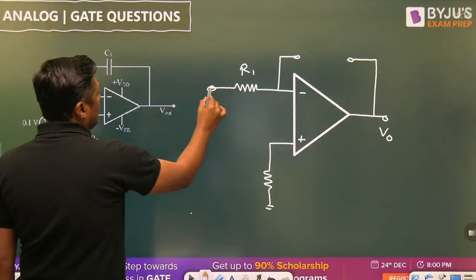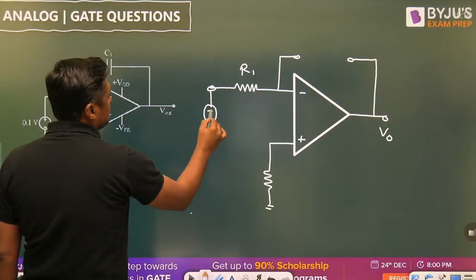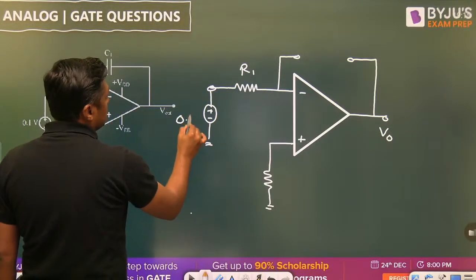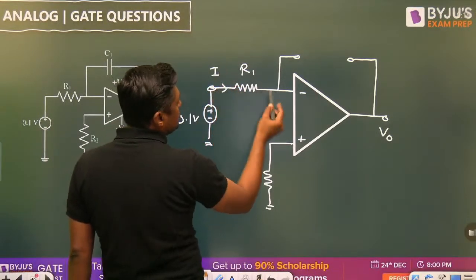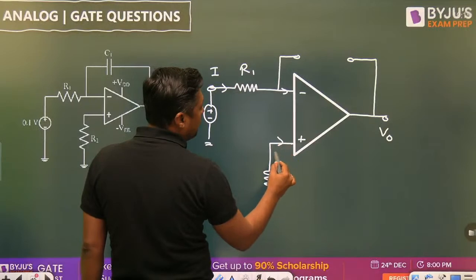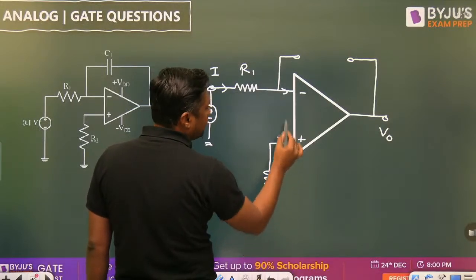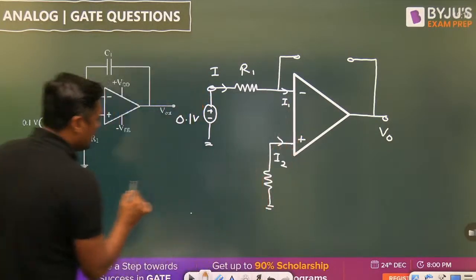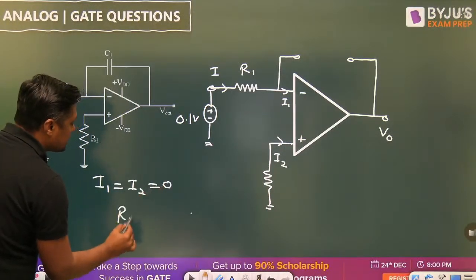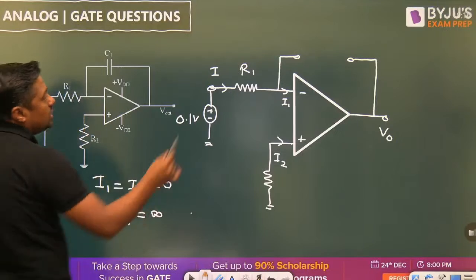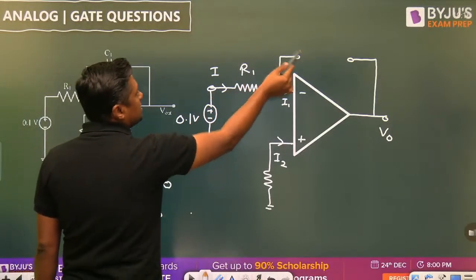This is 0.1 volt. Now at this point, because there is no current, why there is no current? Because what is the input resistance of the operational amplifier? Infinite. So I2 and I1 is 0. Current entering the operational amplifier is 0 because input resistance is infinite. What will be the drop across this R1? 0. Capacitor acts as open circuit.